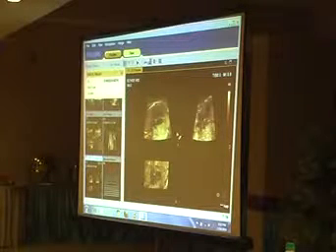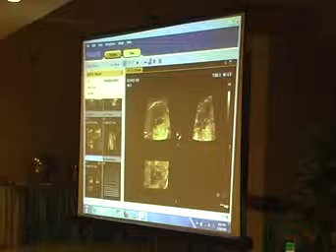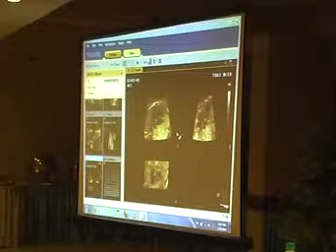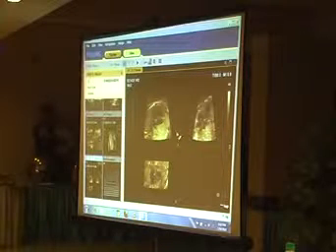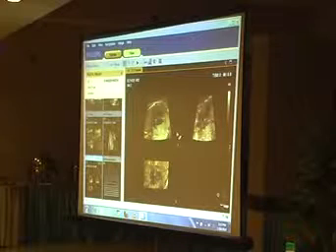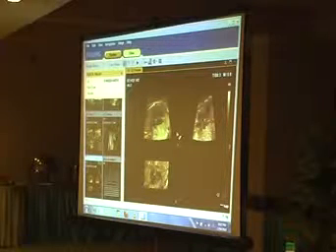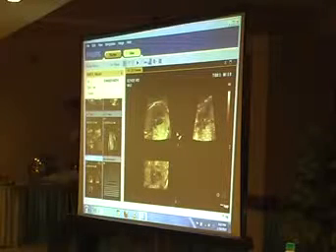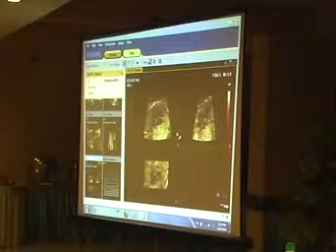So the matrix probe gives us the advantage that the sweep is taken within 2 seconds. You keep the probe and the sweep is taken. So this is the major advantage of the machine, that you don't have to take multiple sweeps going on and on. You keep the probe and the sweep is done.